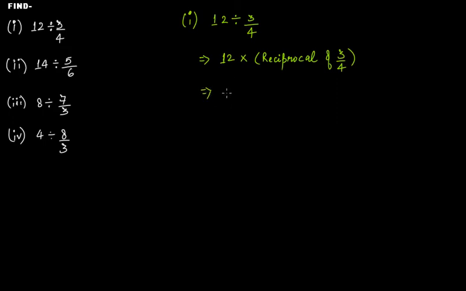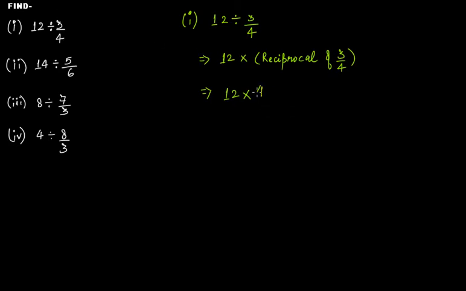So this will become 12 times, what will be the reciprocal of 3 over 4? Now the reciprocal of 3 over 4 will be: 4 is the denominator, make it the numerator, and 3 is the numerator, make it the denominator, right? So this is 12 times 4 over 3.